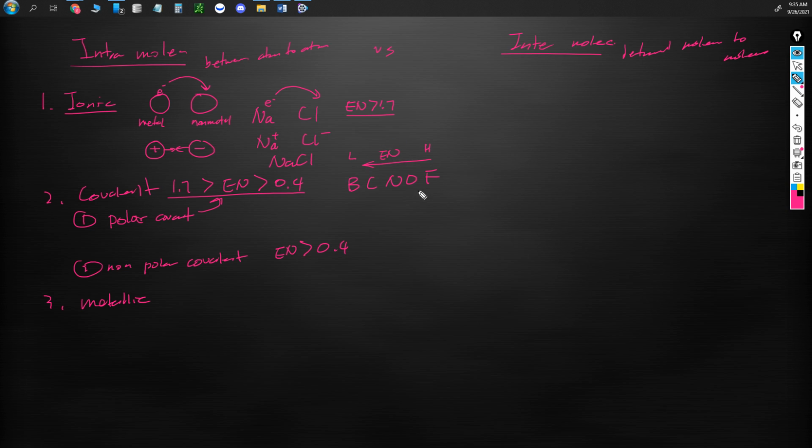So what if we have carbon monoxide? They have high electronegativity, but the electronegativities are close to each other, sitting somewhere between these two values.